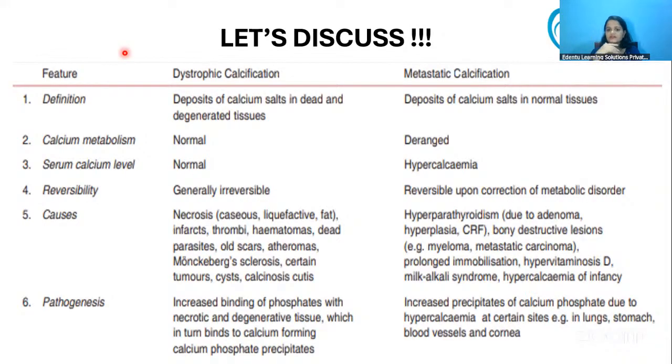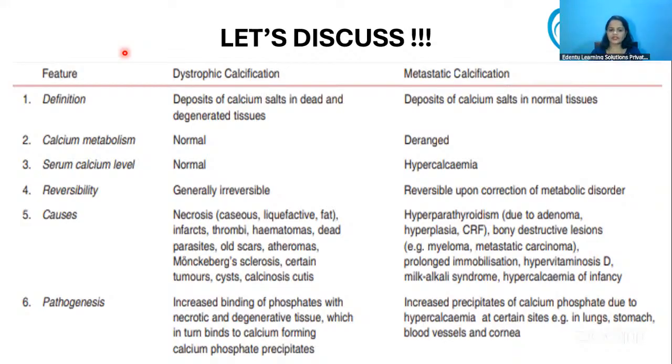Whereas metastatic calcification is more common in metabolic diseases like hyperparathyroidism, myeloma, hypervitaminosis D, and milk alkali syndrome. In those, you'll see metastatic calcification. Okay, so that is the main difference between dystrophic calcification and metastatic calcification.